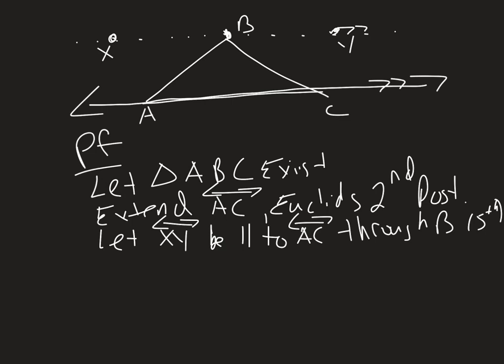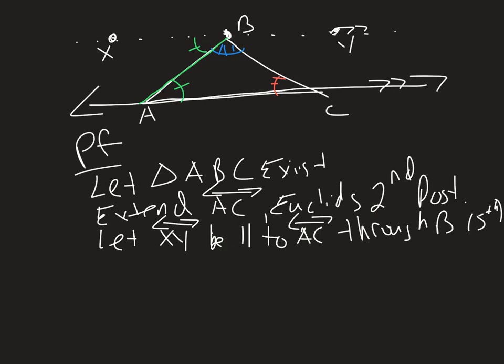Okay, now from there, let's take a look at what we've got going on here. We have two parallel lines. We have angle A, angle C, and angle B, and we have no knowledge about these angles. They could be anything. This could represent any given triangle. Now if we think about AB right now as a transversal, well, then angle XBA is the same as angle BAC.